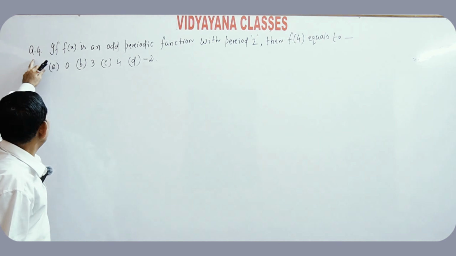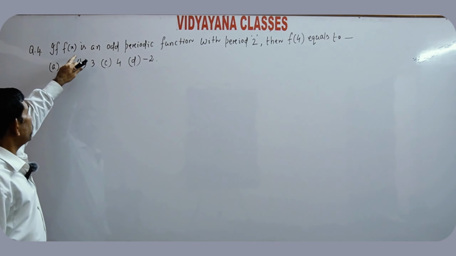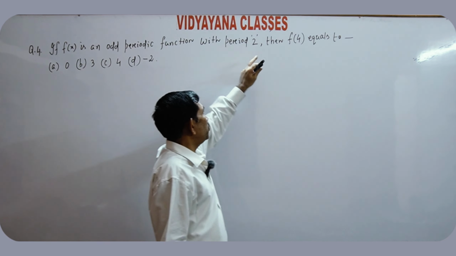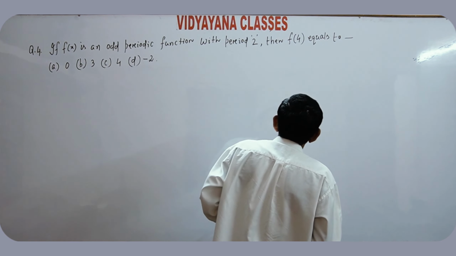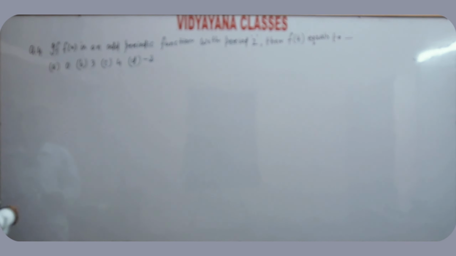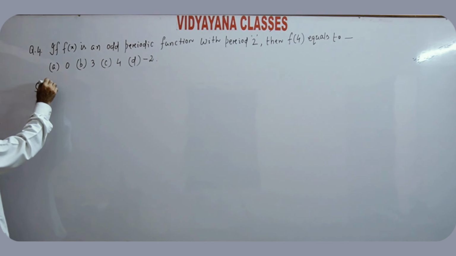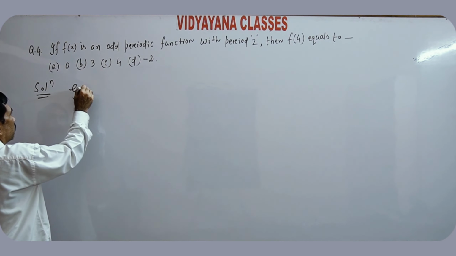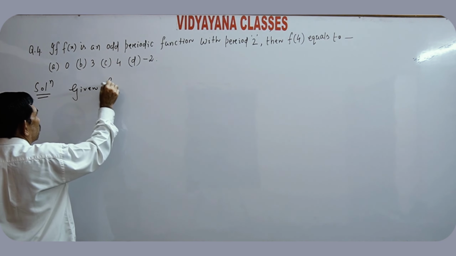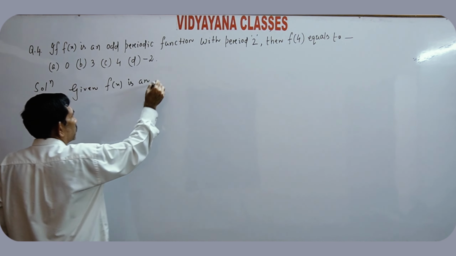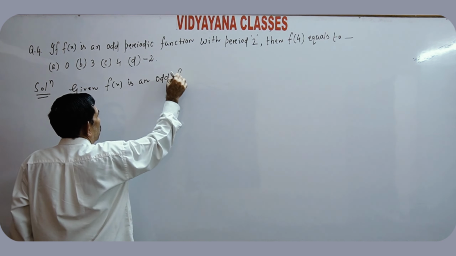Next question, question number 4. If f(x) is an odd periodic function with period 2, then f(4) equals to dash: 0, 3, 4 and minus 2. Solution: given f(x) is an odd function.